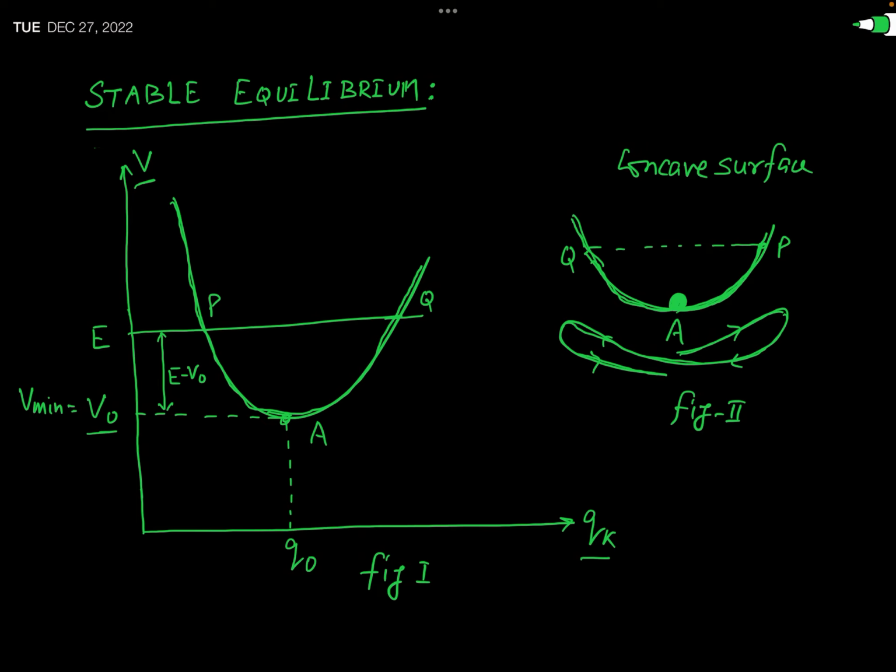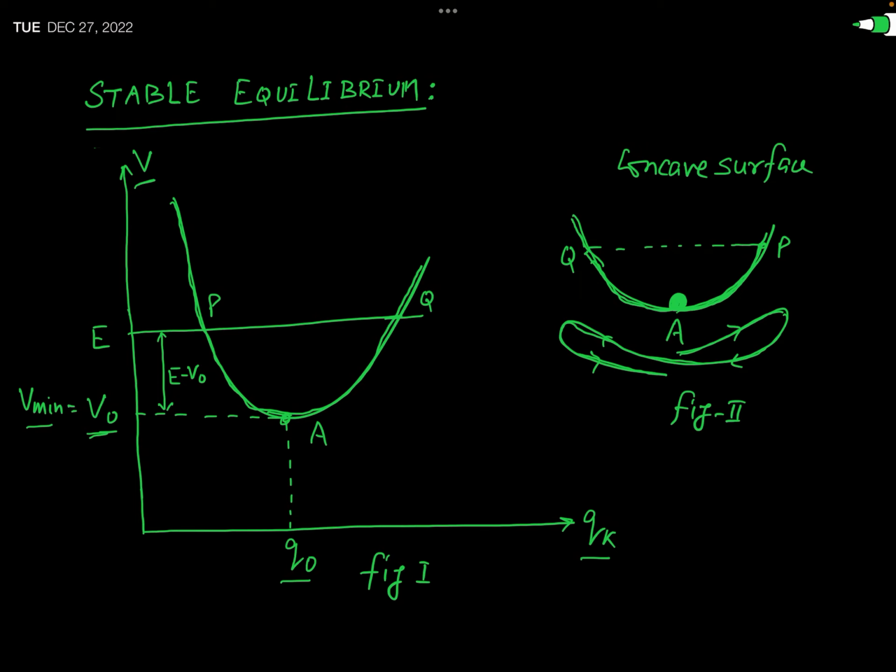So you can say that the potential energy function corresponding to point A is minimum. At that point the value of qk is q naught.